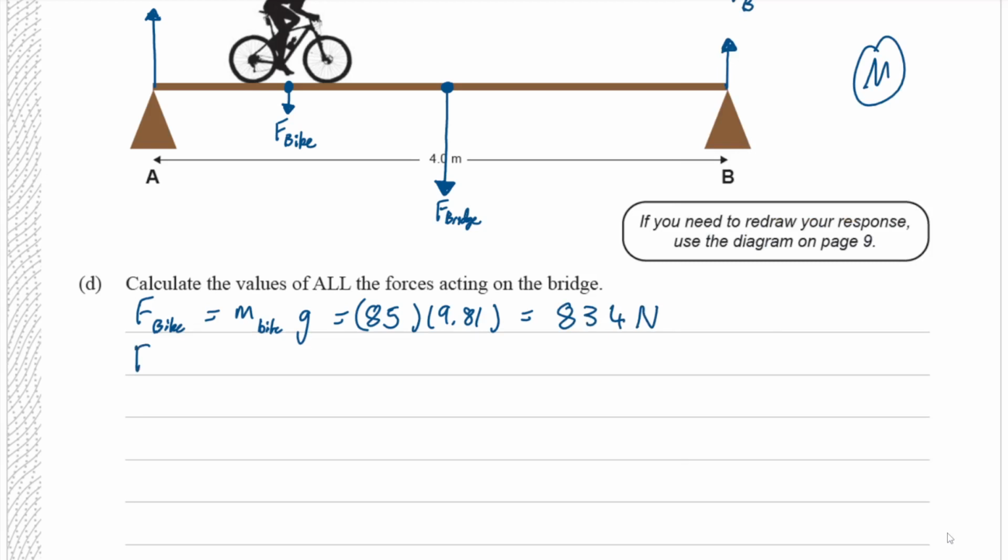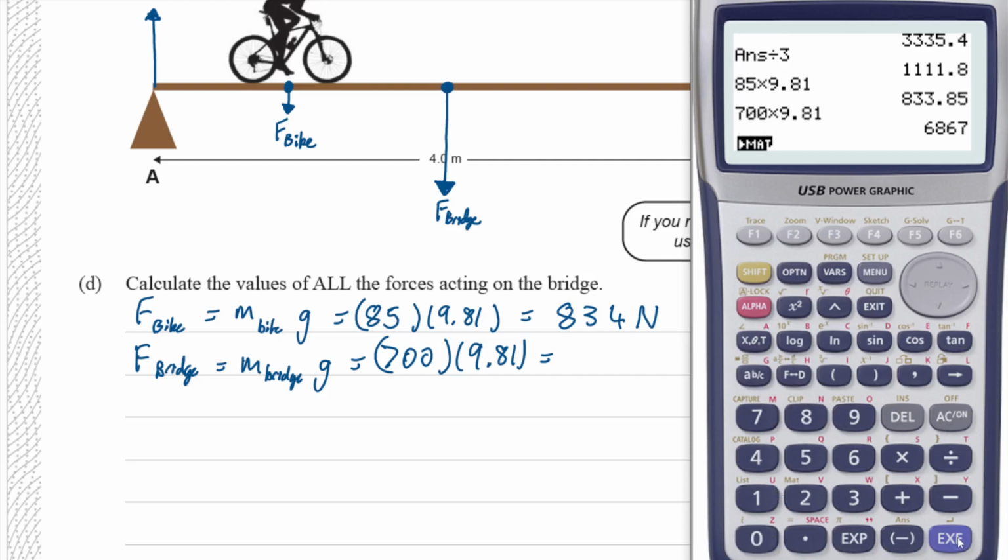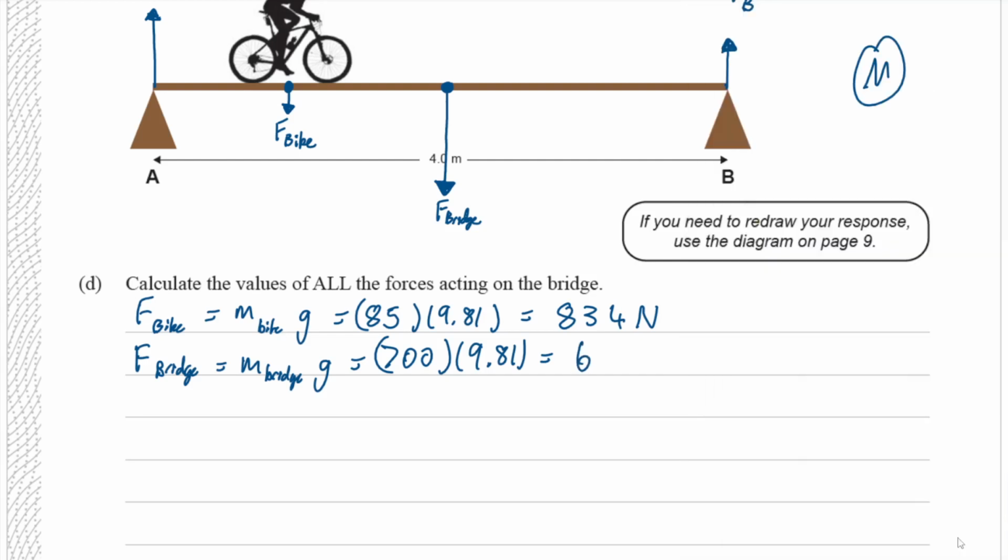Now F bridge equals the mass of the bridge times G, which was I think 700 times 9.81. 700 times 9.81, 6867 newtons. Awesome. Looking good. What is next?